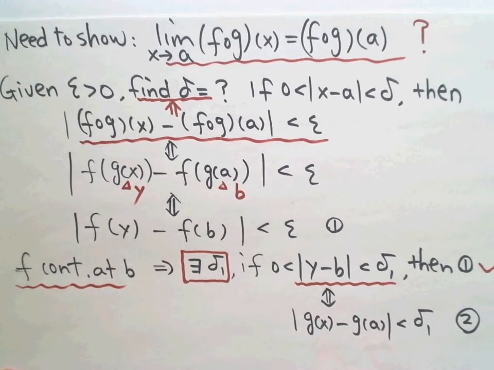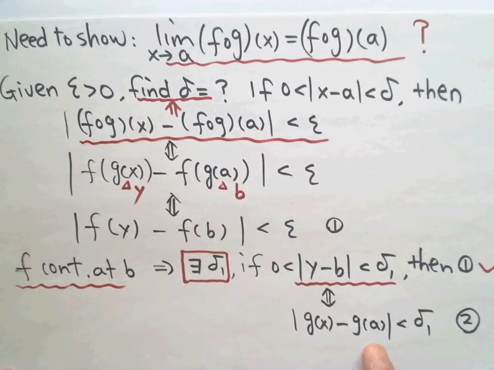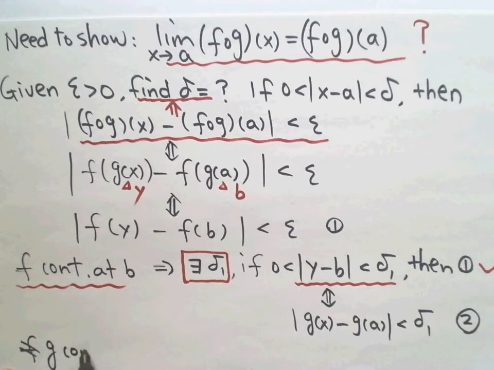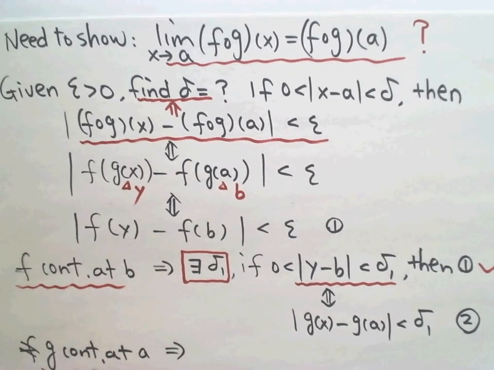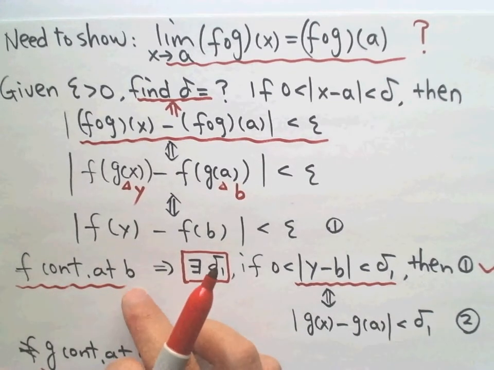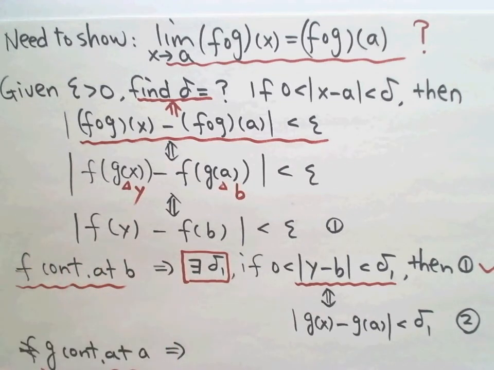We know this is true because this is true, then we can find something. Find what? Find the delta that we need. The proof is complete here because this time it is not f, it is g that is continuous at a, at x equals a. Let me highlight this. This is the continuity of the outer function, and the continuity of the inner function we're going to use.